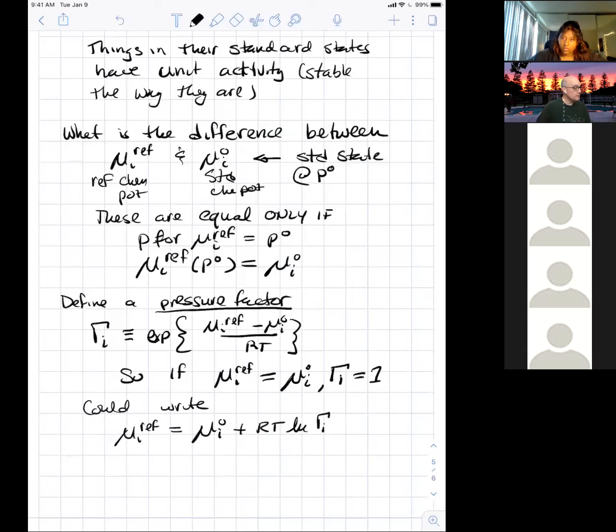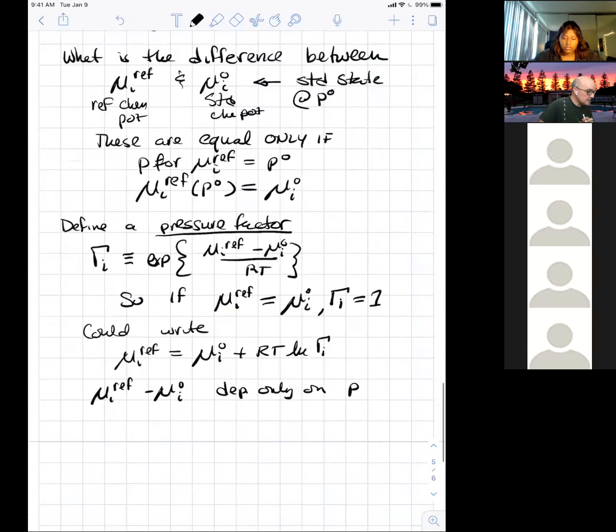So these are just two different ways to write it. And further, we can write that the difference depends only on P. So this is purely a pressure factor.